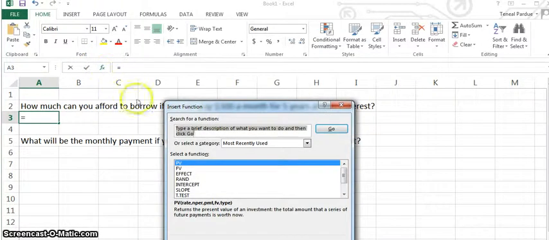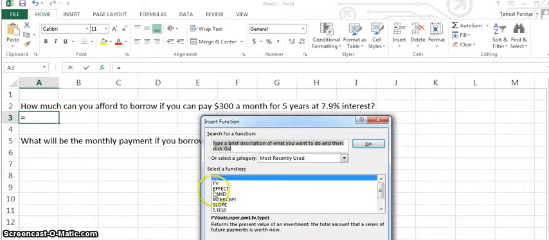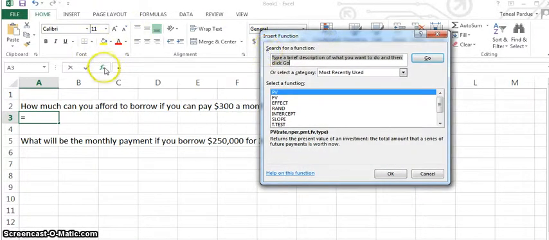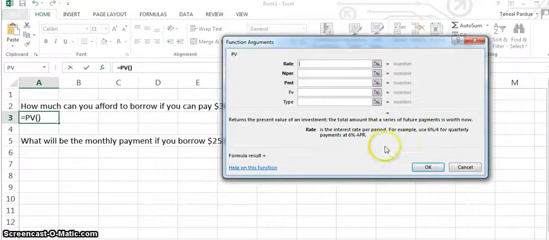Now let's go over to Excel and do the same thing over there, only now we're going to use the functions in Excel. Again, they're asking us to find the PV. So we went to our FX button, typed a brief description, or you can just go to the common functions, PV.